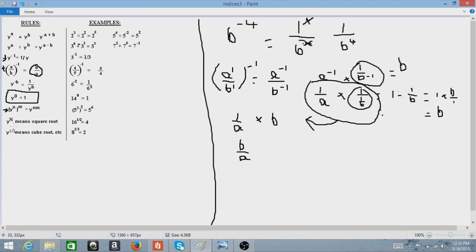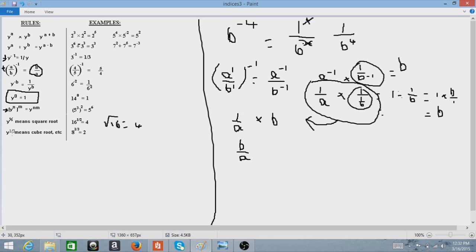Okay, now we're moving on to the second to last rule. Whenever you see anything to the power of a half, all it simply means is that it's a square root. For example, 16 to the power of a half is simply the square root of 16, which is equal to 4.